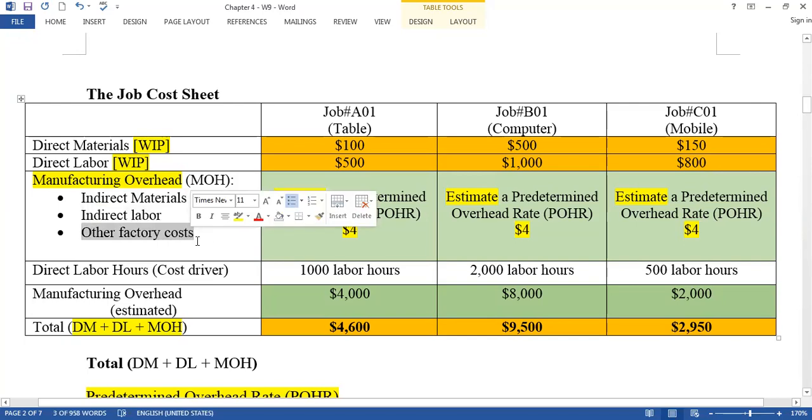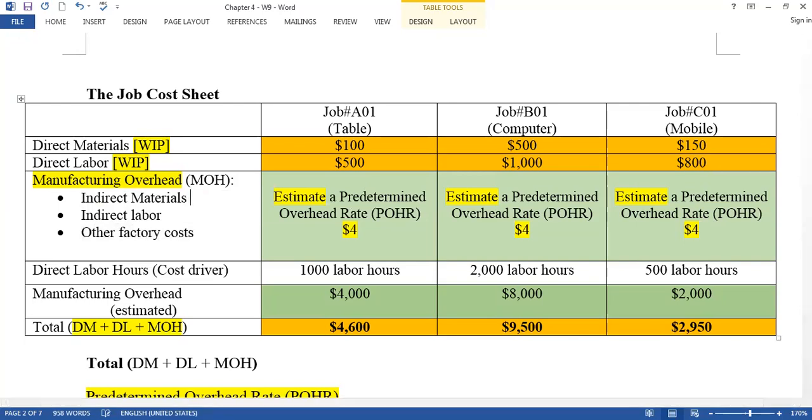Why can we not directly transfer to WIP? Because they are part of MOH. So indirect materials we transfer to MOH. Indirect labor we transfer to MOH, and other factory cost we also transfer to MOH, not WIP.